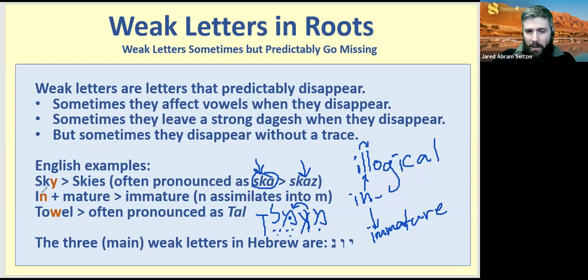So noon is a weak letter in Hebrew. I wasn't able to find a very good example of a W in English that goes missing because W has a very complicated history in Latin and therefore English. But I give you this example right here. Again, do most people say, "Excuse me, could you please hand me a towel?"